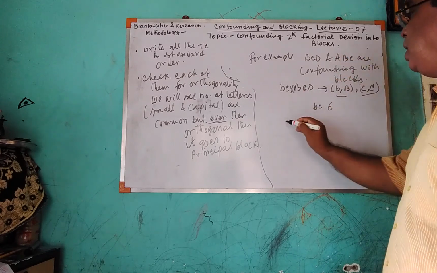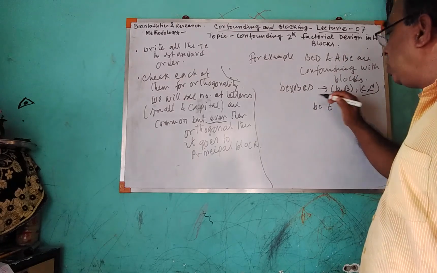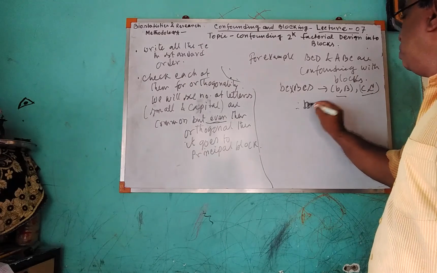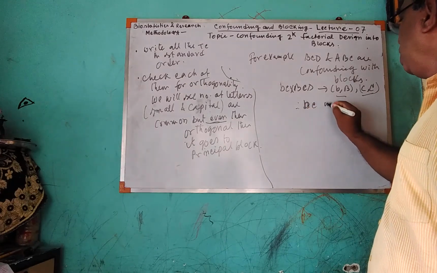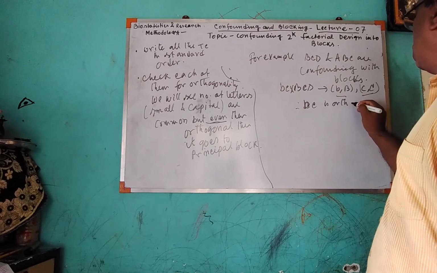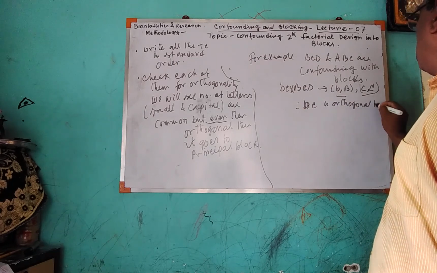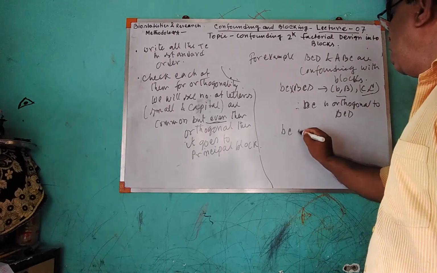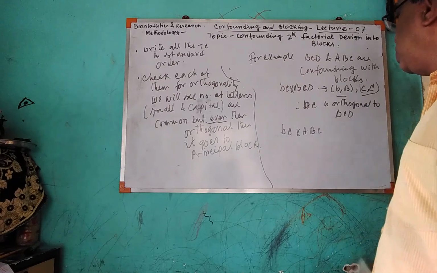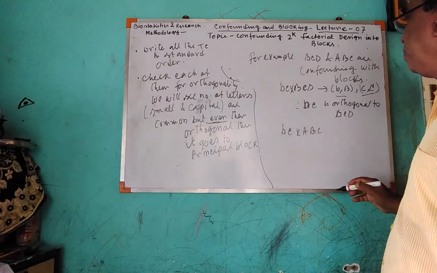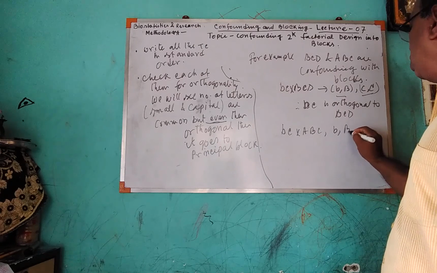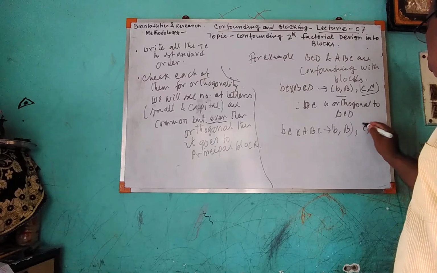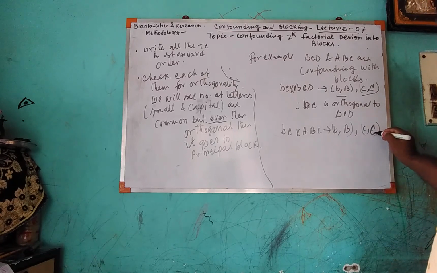Now BC and ABC. You see here also B is common, and C is common.